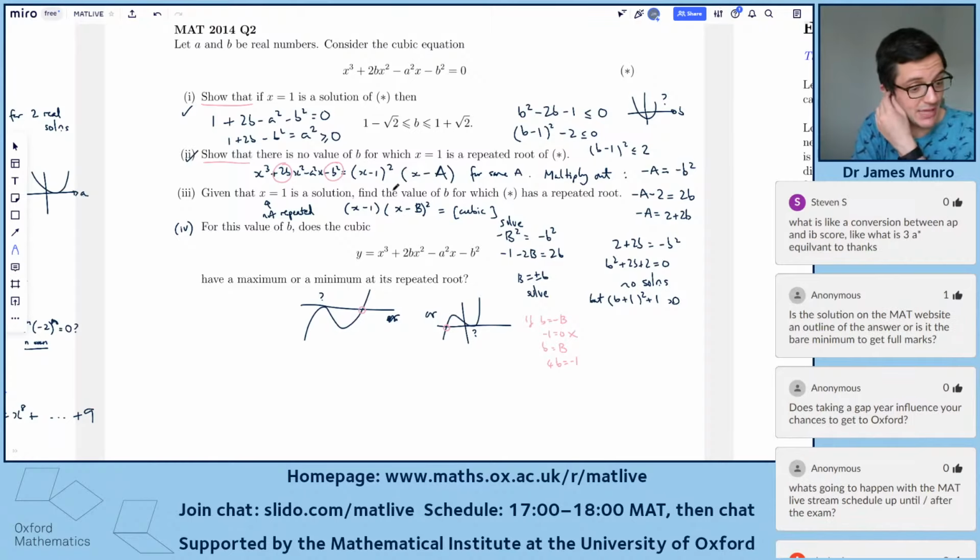Conversion between AP and IB. Oh my word. What is a conversion between AP, that's advanced placement tests, and IB, that's the International Baccalaureate score? What is 3A star? We've got an official interpretation of what A star A means in terms of those other qualifications.